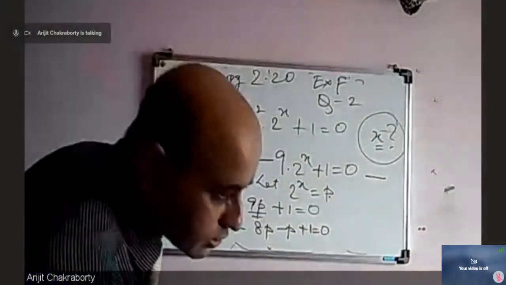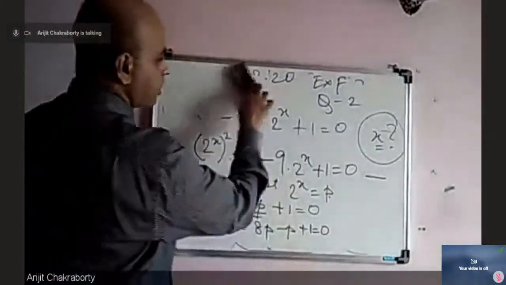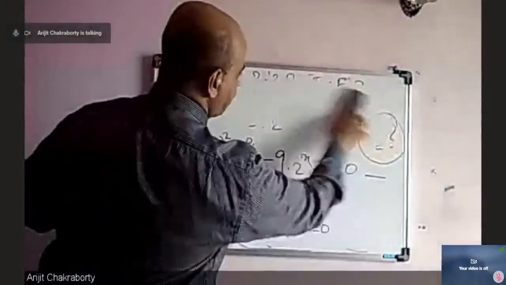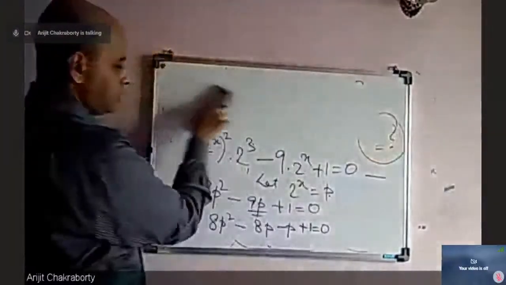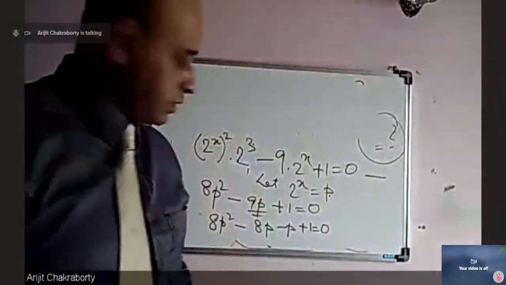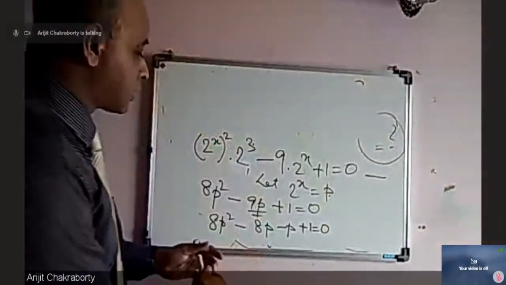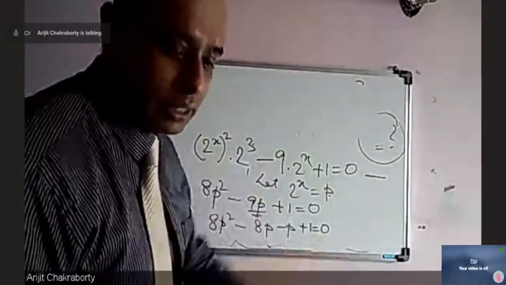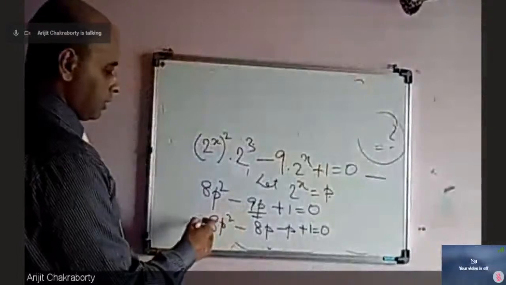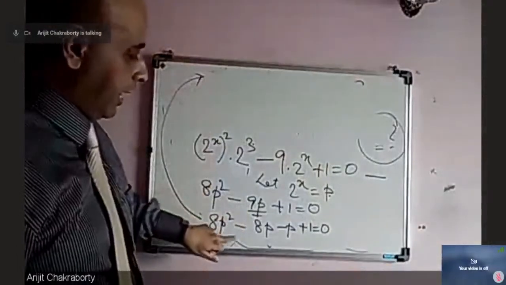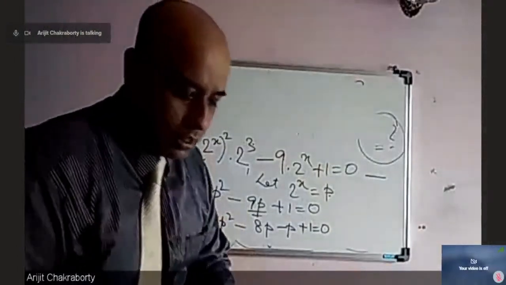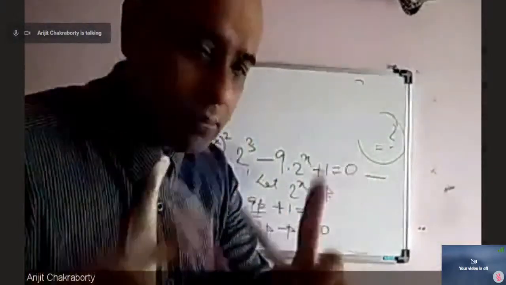Okay, I'll just rub the upper portion. So you have 8p square minus 8p minus p plus 1 equal to 0. Fine. I'm taking it up here. 8p square minus 8p, the first term.